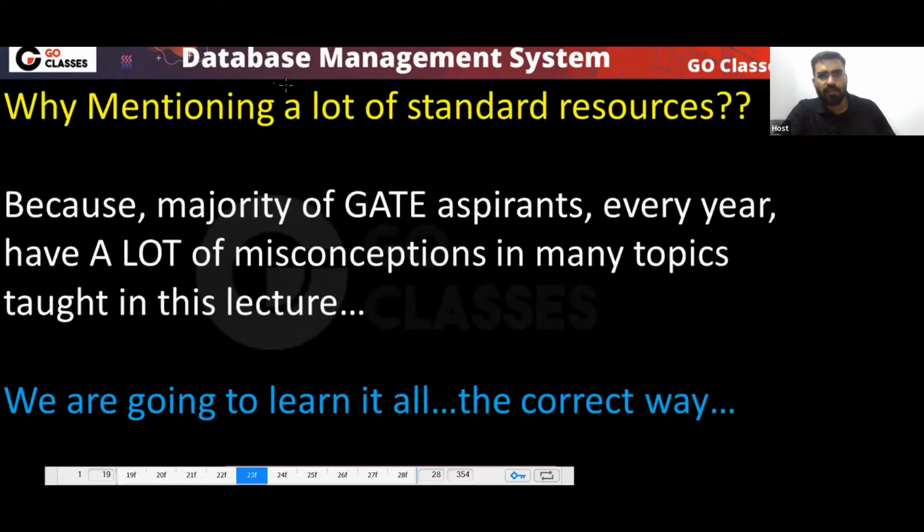Now why am I mentioning so many standard resources before starting the lecture? What is the reason? The reason is that whatever we study in this lecture, the majority of GATE aspirants have misconceptions in many topics.